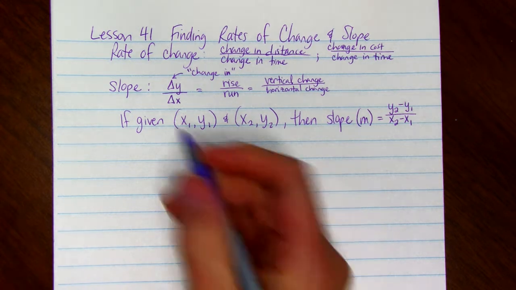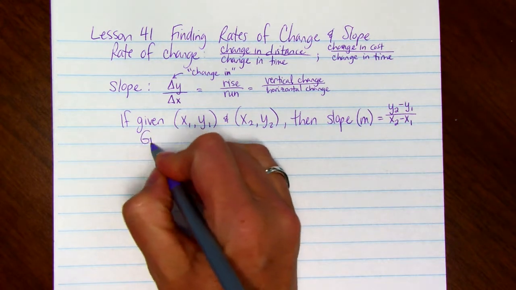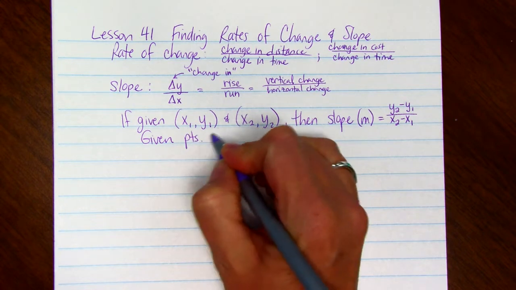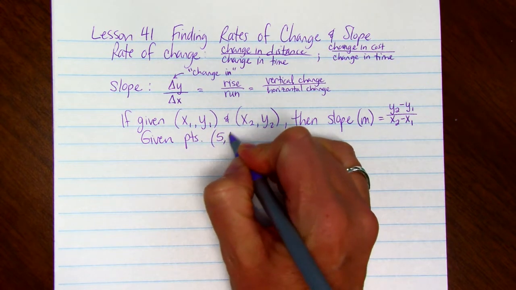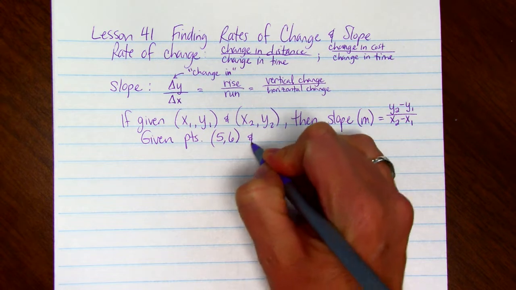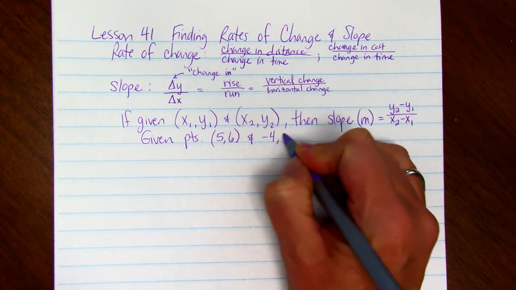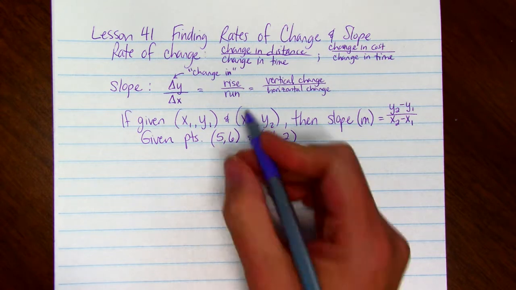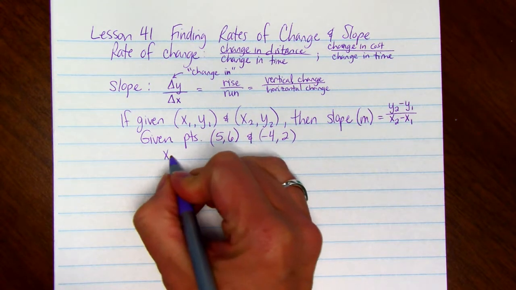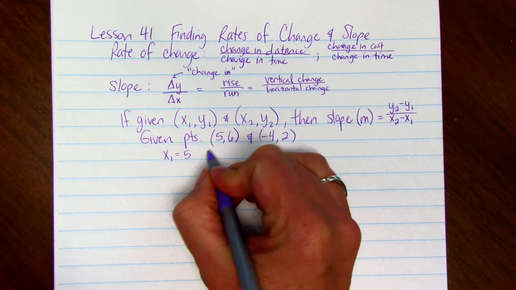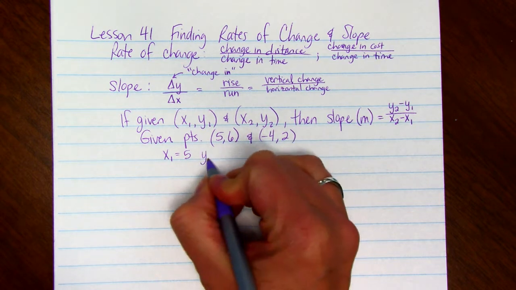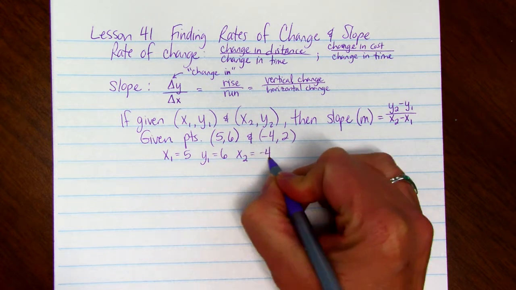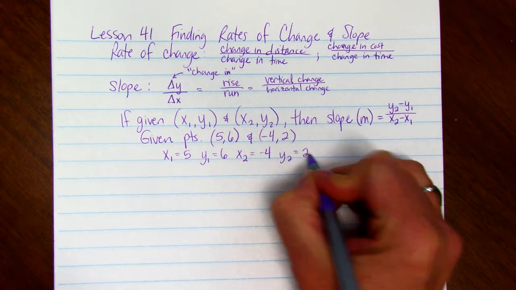So let's look at if we're given 2 points, (5, 6) and (-4, 2). If it would help, you can label the 5 as x sub 1, and y sub 1 would be 6, x sub 2 is -4, and y sub 2 is 2.